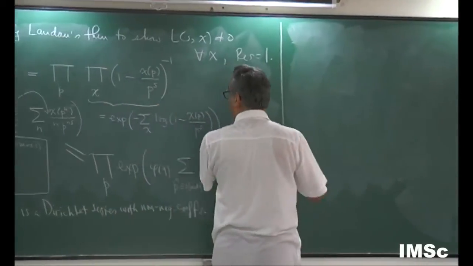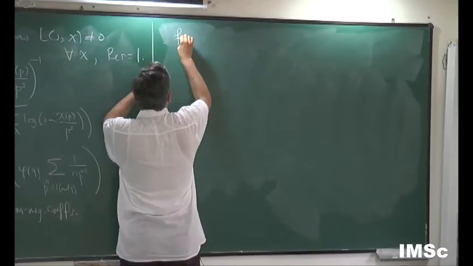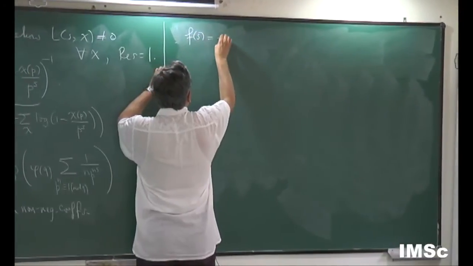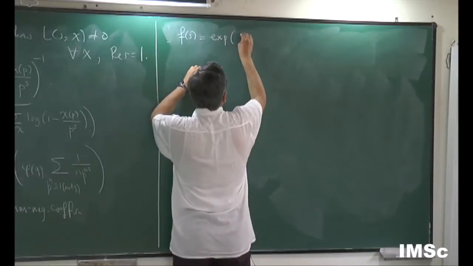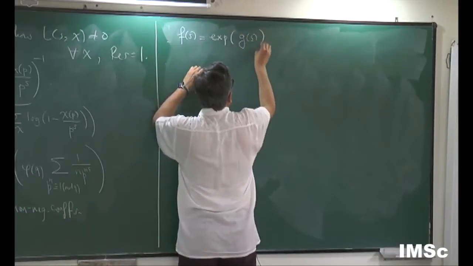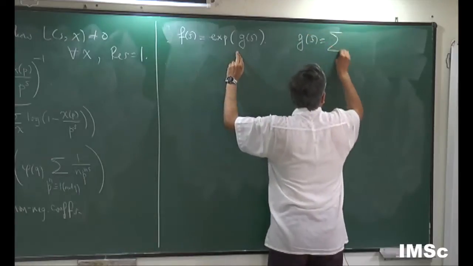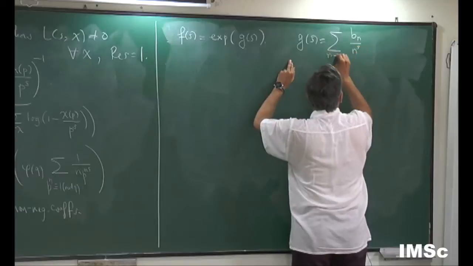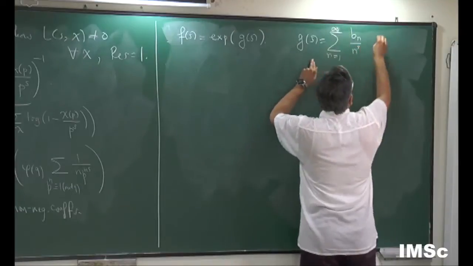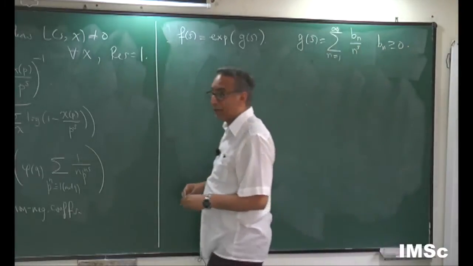So we have a situation where we are writing f of s as exponential of g of s, where g of s is a Dirichlet series b sub n over n to the s, with b sub n's non-negative, right? I mean, we have such a situation like this.